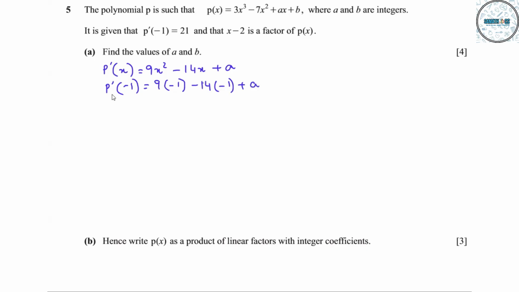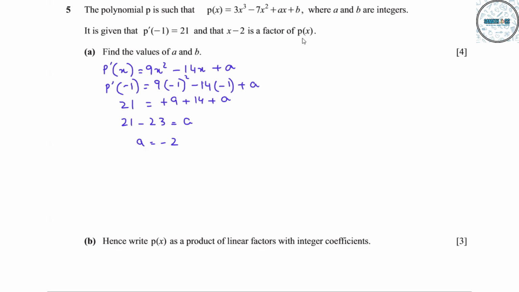So here we can substitute 21. 21 is equal to minus 9 plus 14 plus a. Here it is squared, so it is to be plus 9. So 21 minus 23 is equal to a. So a is equal to minus 2. So we have got the value of a from the first condition.